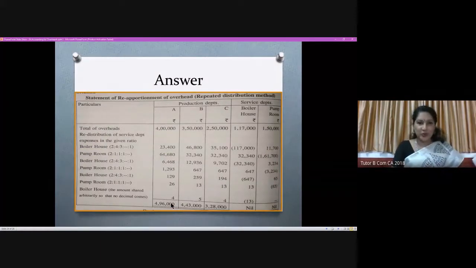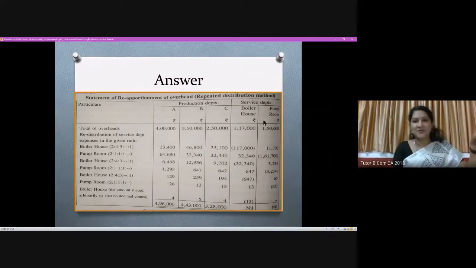Now, as you know, when we are preparing the secondary distribution summary, initially we have to put the summary of primary distribution as the first part of our secondary distribution statement. That's what I have done here.